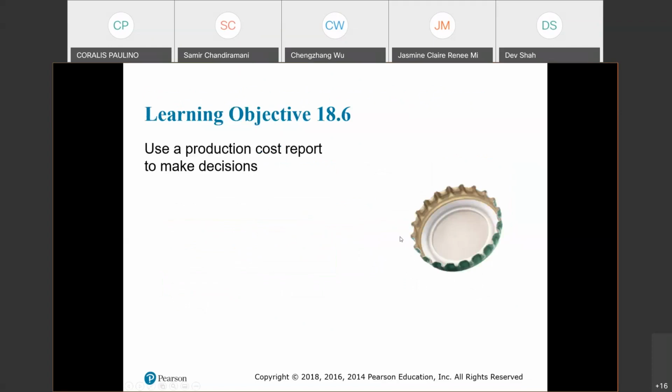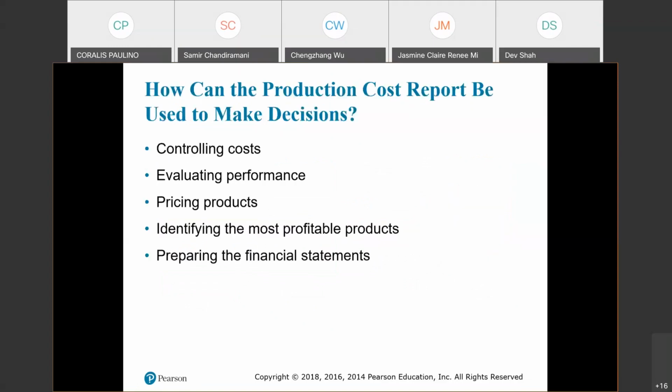Okay, lastly, let's see how to use a production cost report to make decisions. Well, so far in this chapter, you have learned how to prepare the production cost report.